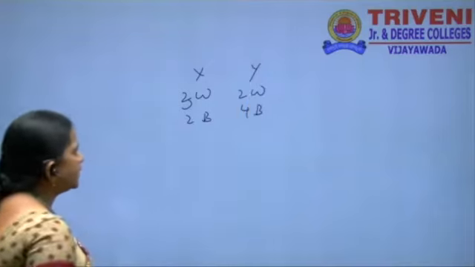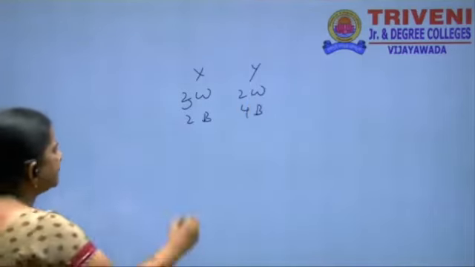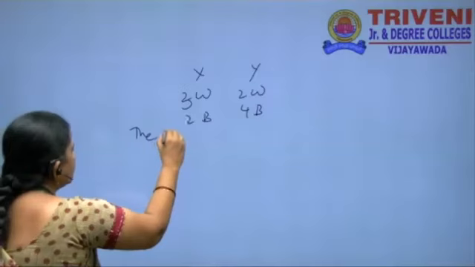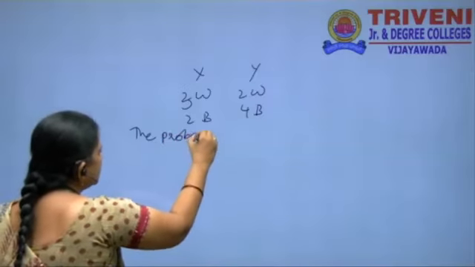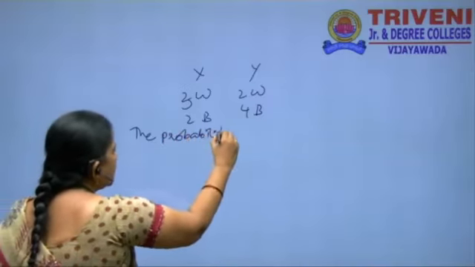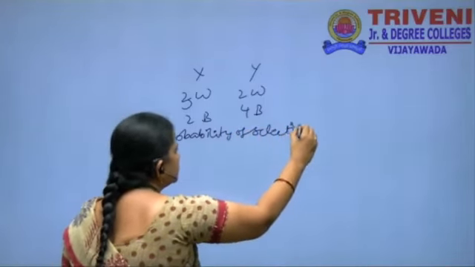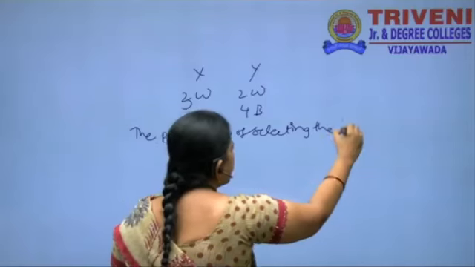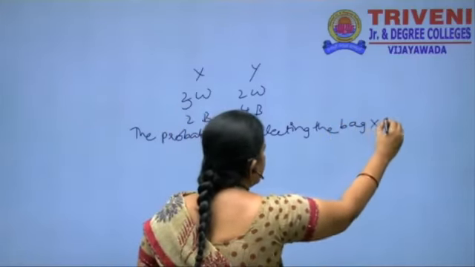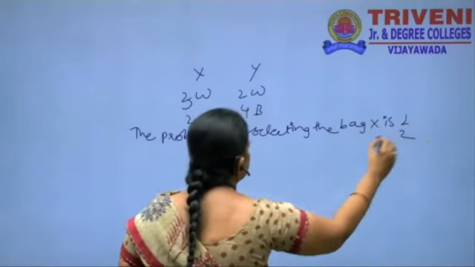We have to select only one bag. That is the probability of selecting the bag X is 1 by 2.